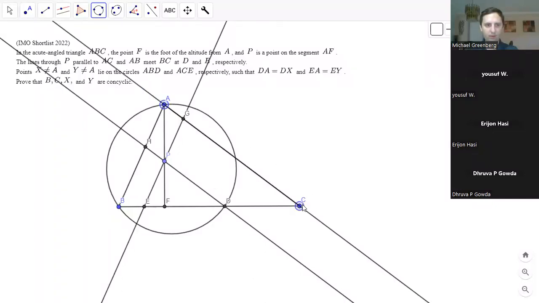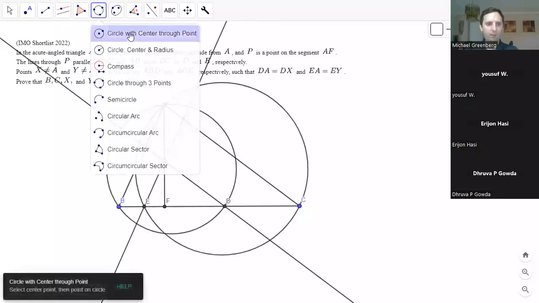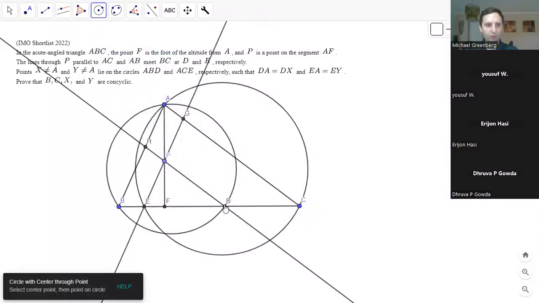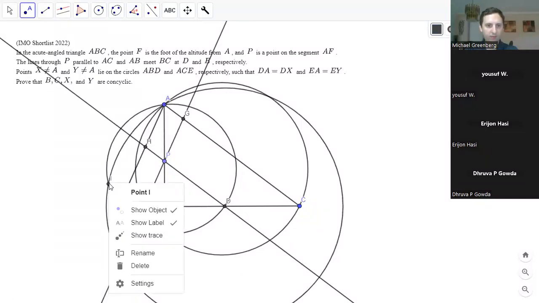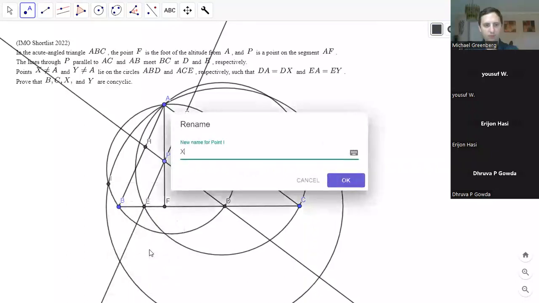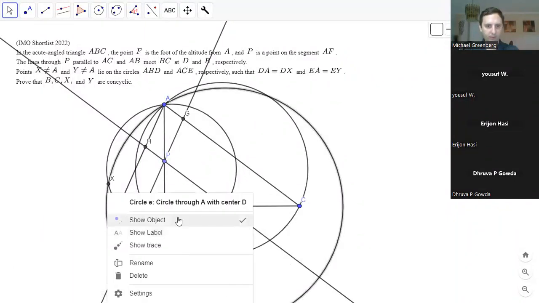And so DA is equal to DX. So X is on circle ABD. So this is X. Let me hide this circle. No, not that circle. Let me hide this circle.